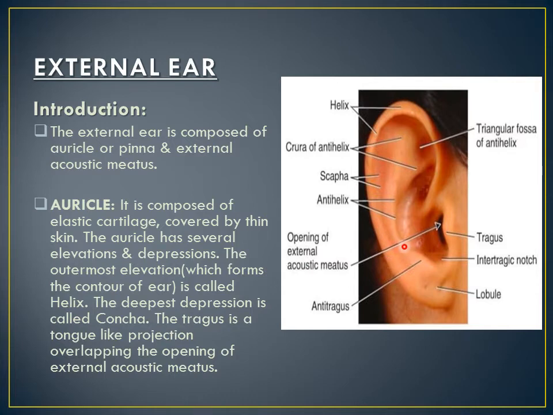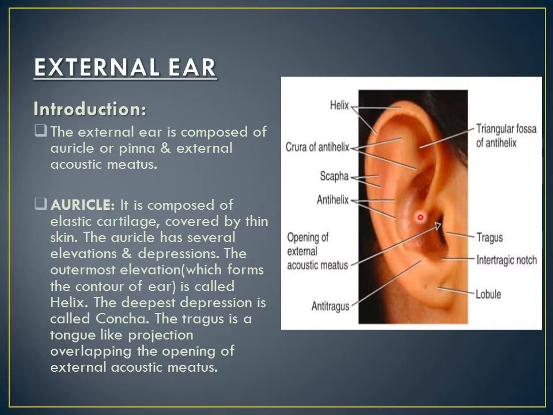Now this arrow shows an opening which leads into the external auditory meatus, and there is a tongue-like projection overlapping this opening, and this is called tragus. Opposite to the tragus there is another elevation which is called antitragus, and between antitragus and tragus there is the intertragic notch.